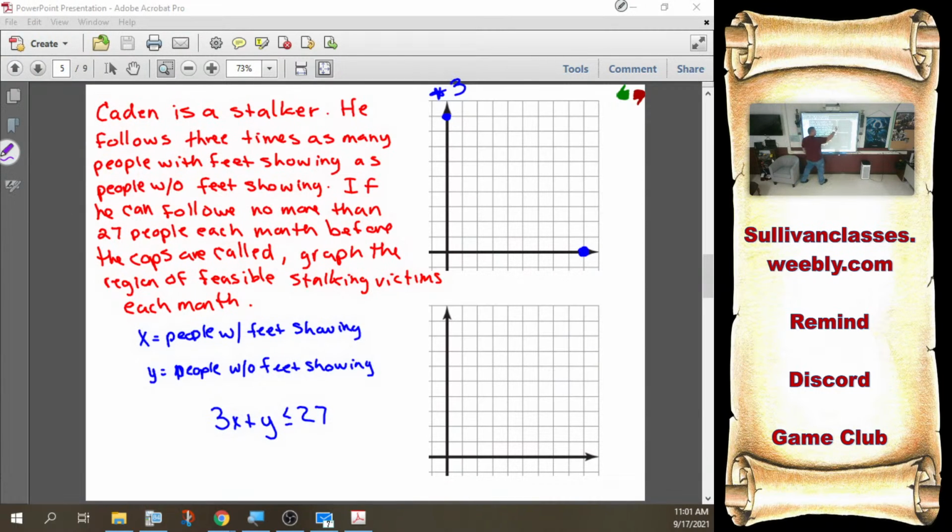Solid line. And stick a 0, 0 in there. Is 0 less than or equal to 27? Yeah? So I will shade down from there.